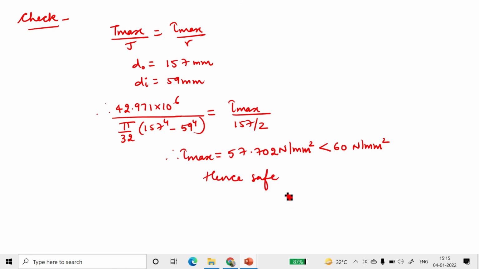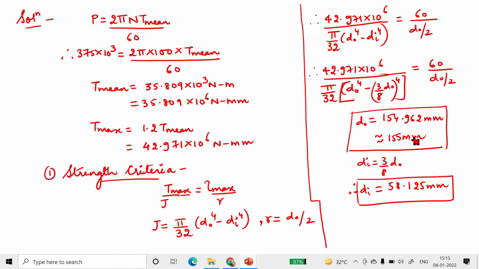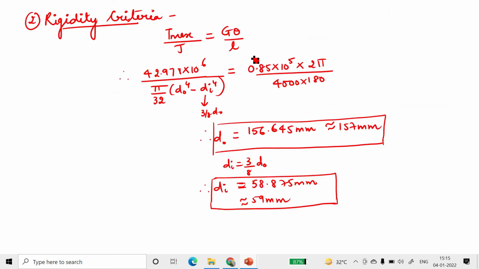Now let me substitute the values of the first case, these two values, in this second equation over here. So I'll write down T max upon J is equal to G theta upon L. DO is 155 mm and DI is 58 mm.